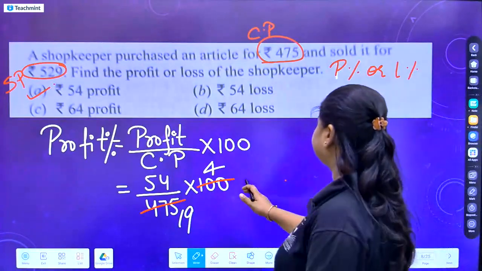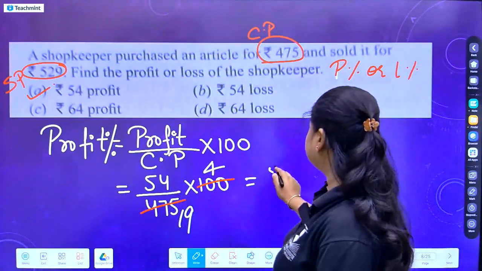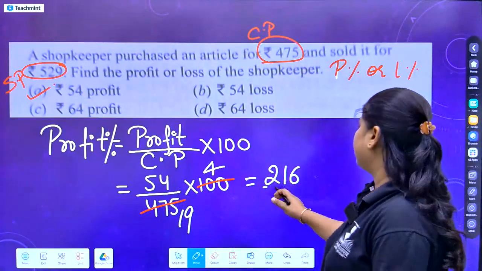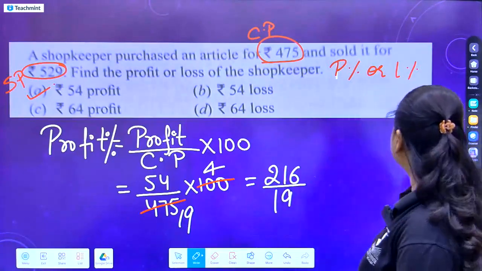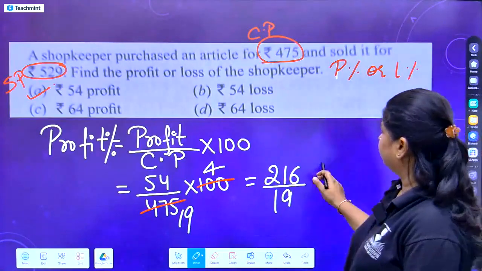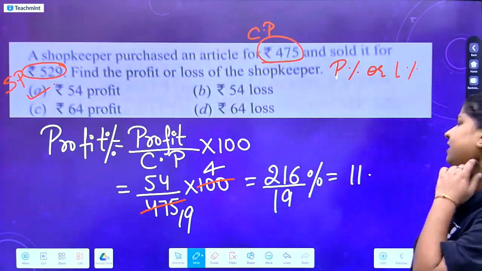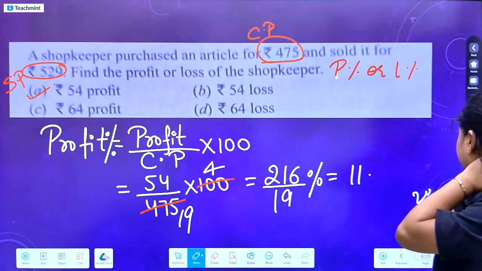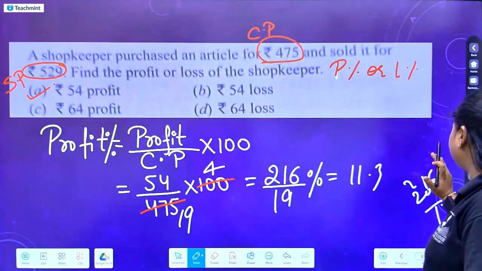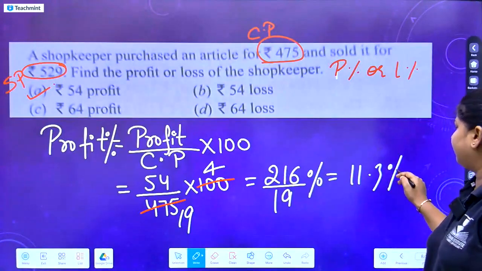So what will I do? I will just multiply 54 into 4. So 54 into 4 is 216, upon 19, right? So it would be 216 upon 19%, somewhere around 11.3%, approximately 11.3%.